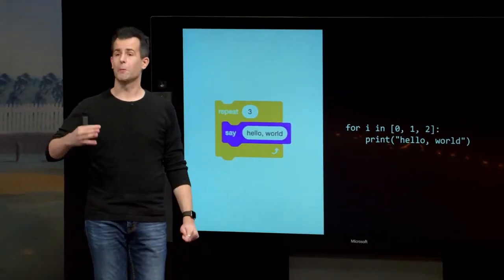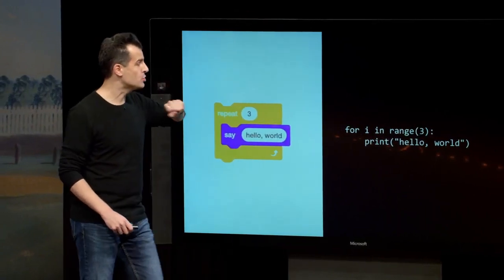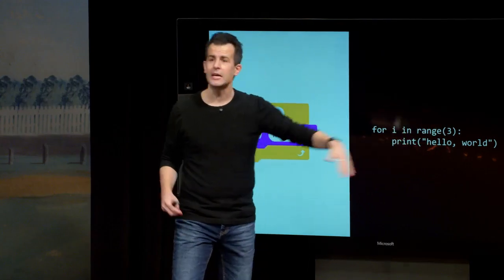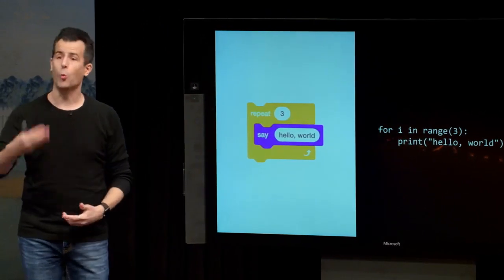When you want to do something some number of times, we can replace this list of 3 values with a function called range that takes an input, which is the number of things that you want to return. Essentially what range will do for you, passed an input like 3, is automatically generate for you a list of 3 values, 0, 1, and 2.